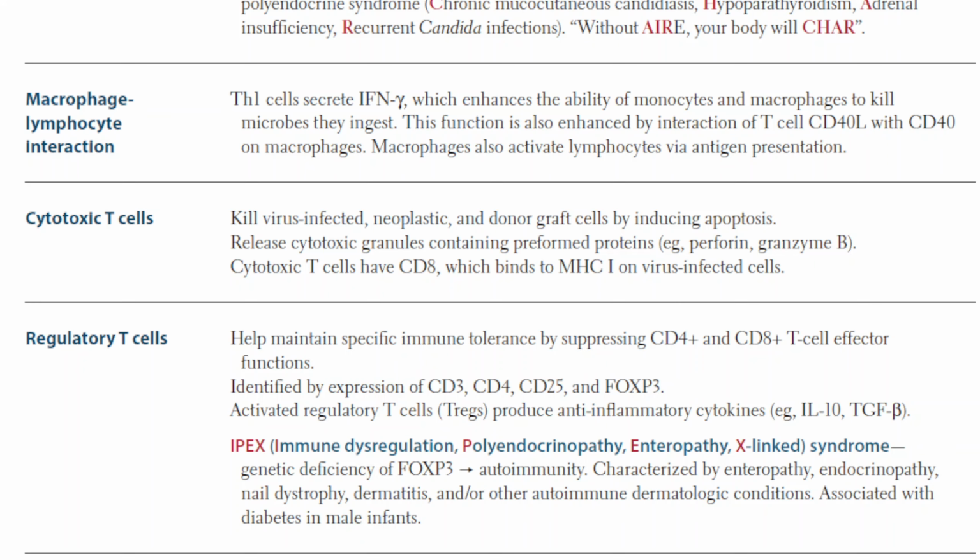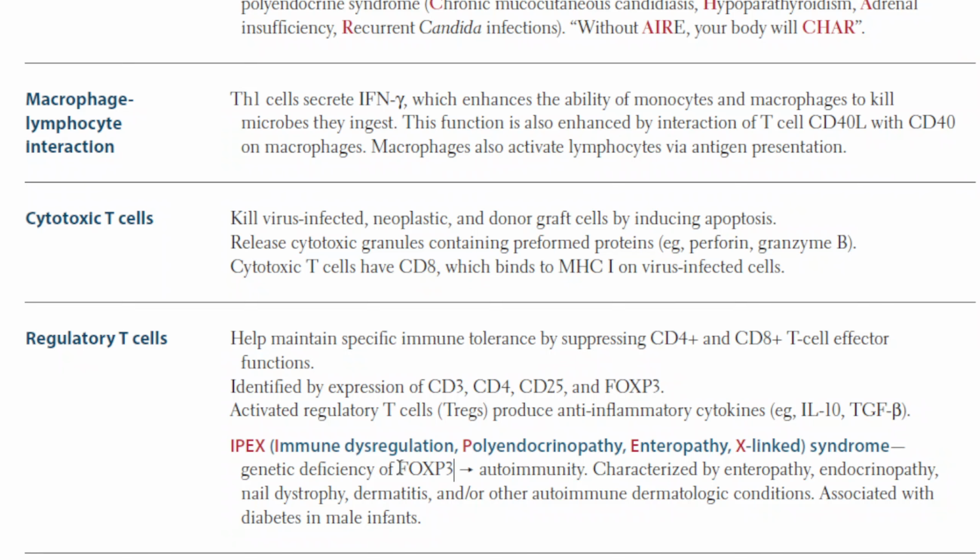They produce anti-inflammatory cytokines like transforming growth factor beta and interleukin 10. This is important because if you have an immunodeficiency of this FOXP3, you're going to develop what is the IPEX disease: immune dysregulation, polyendocrinopathy, enteropathy, and X-linked syndrome.